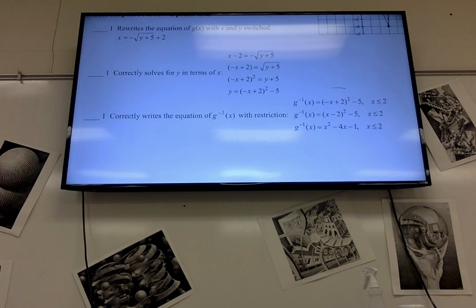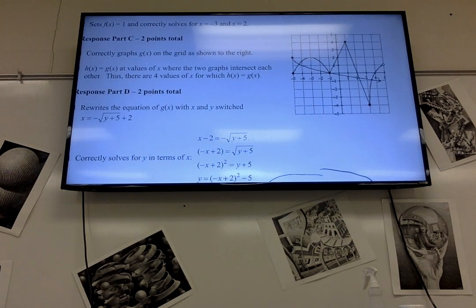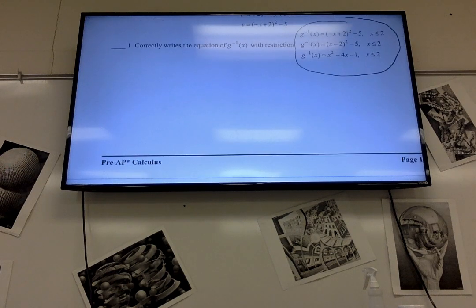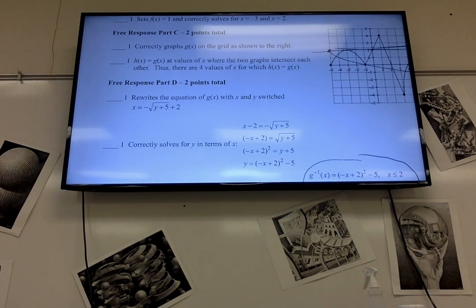Look at how many different answer choices there are; it depends on how you simplify it. But they're all less than or equal to 2. And that's because it starts here at 2. And if it's the range for g of x, then that's the domain for the inverse of g of x. We had to show that x and y. Did you correctly solve? Okay.